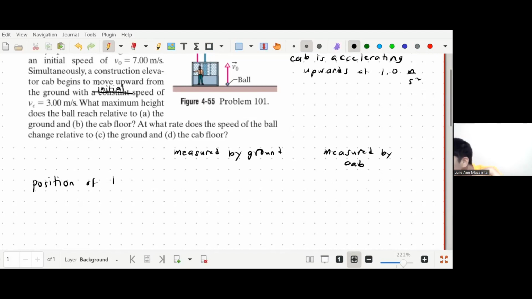Tapos, so yung symbols dito, so for example, position of ball. So, tawagin natin ng x. Measured by the cab, it's x bar. Yung velocity of the cab, let's call it v sub c. Ito, v bar sub c, but that's going to be 0.